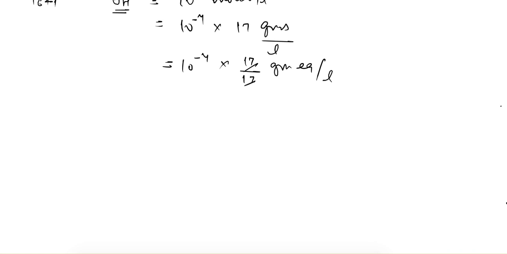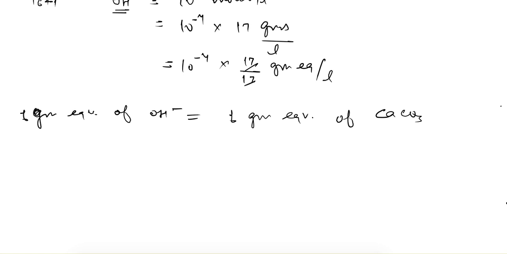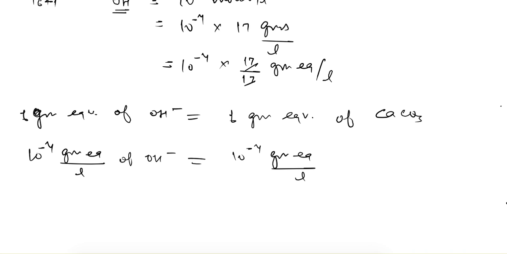Now if we have taken gram equivalent per liter, then we can say 1 gram equivalent of OH minus is equal to 1 gram equivalent of CaCO3. So 10 to the power minus 4 gram equivalent per liter of OH minus will be equal to 10 to the power minus 4 gram equivalent per liter of CaCO3.